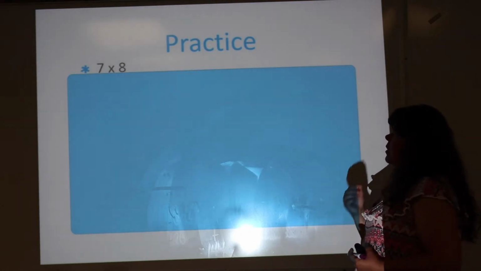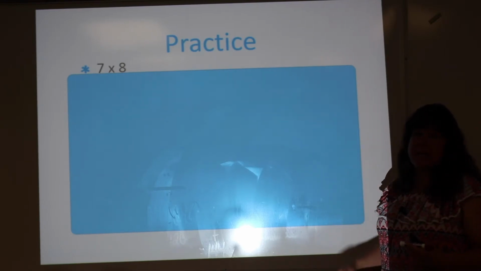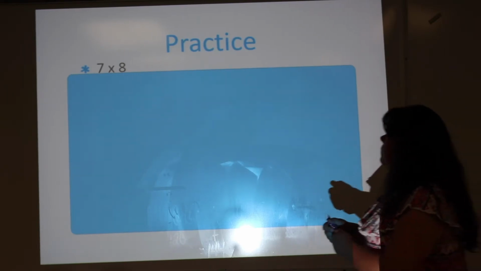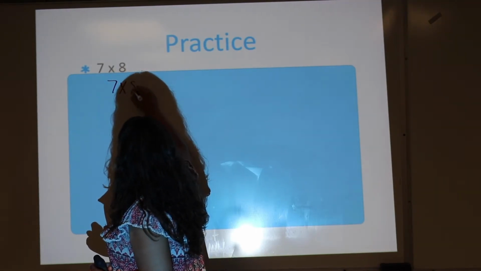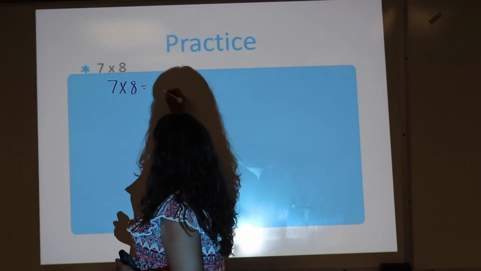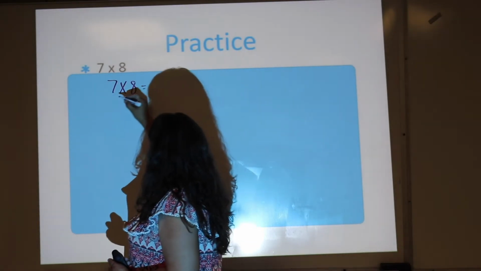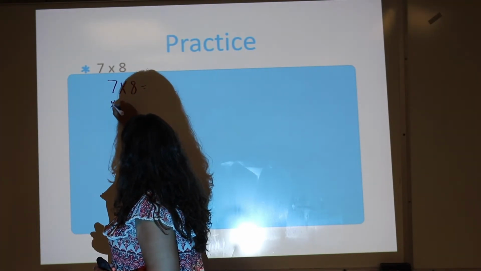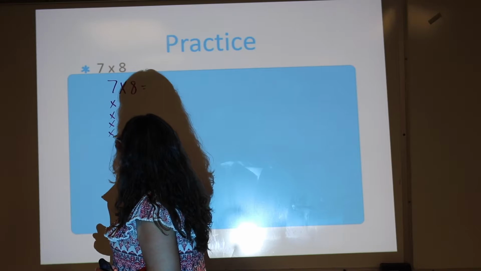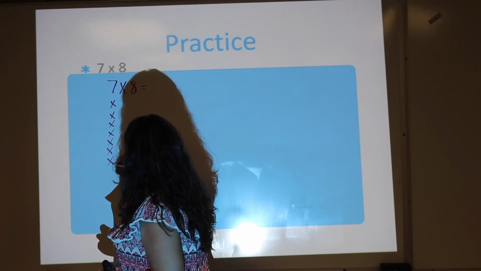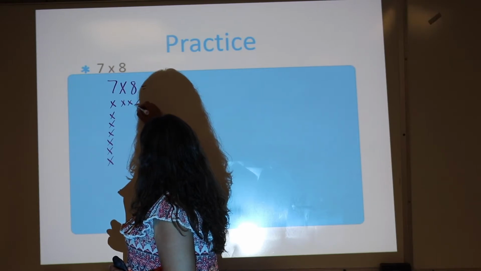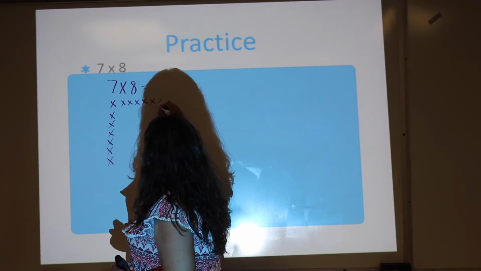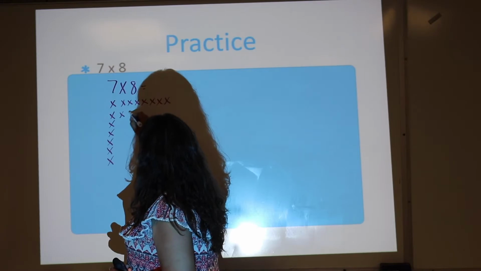So let's practice. We have 7 times 8, and we're going to do our equal groups. We could do rows. 1, 2, 3, 4, 5, 6, 7. I'm going to have 8 in each one.